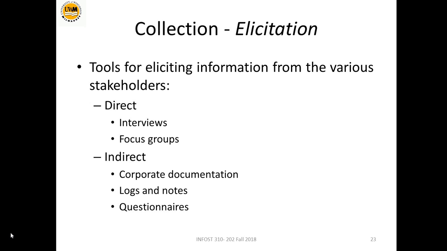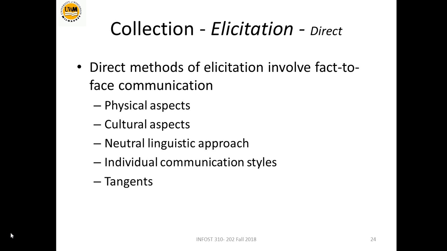Second is elicitation. Elicitation, we said, is direct or indirect. Direct through interviews and focus groups. Indirect through looking at documentation, logs and notes, and using questionnaires. Let's start with the direct. Direct methods involve face-to-face communication.